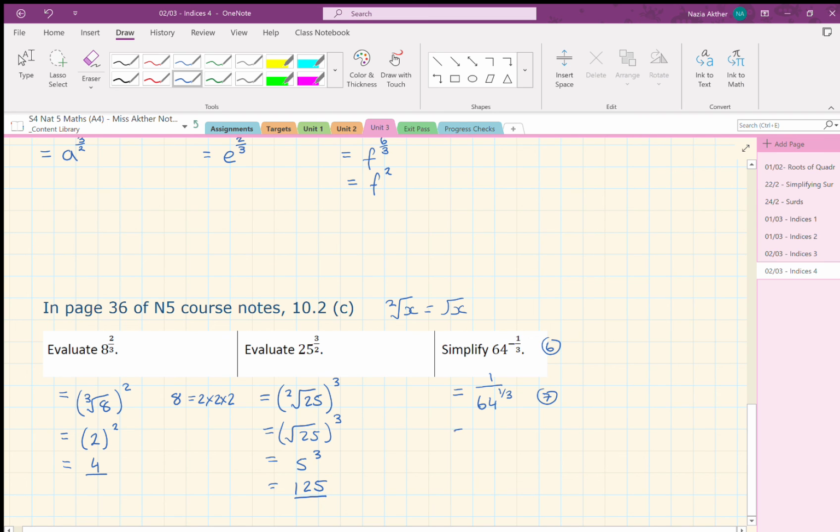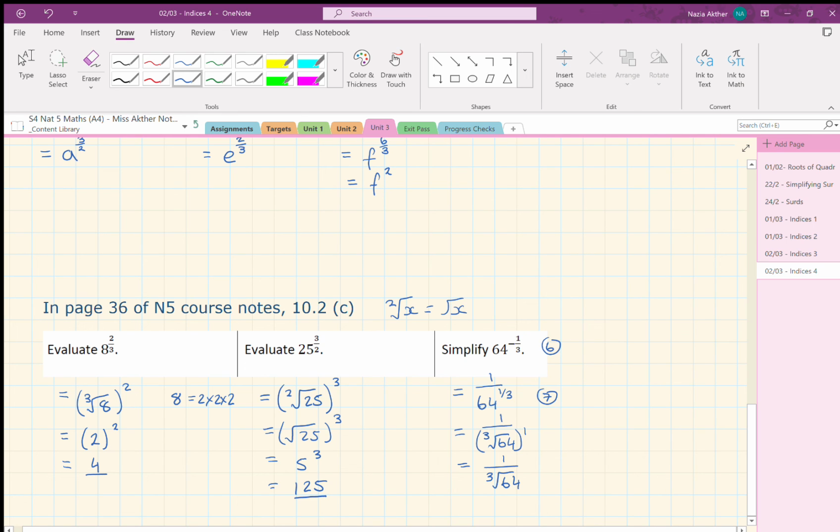When we've got a power which is equal to a third, that can be written as the cube root of 64. So 3 is our root, 1 is our power, and again, anything to the power of 1 is itself, so then we've got 1 over the cube root of 64.